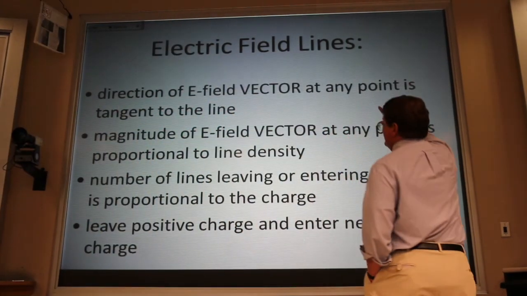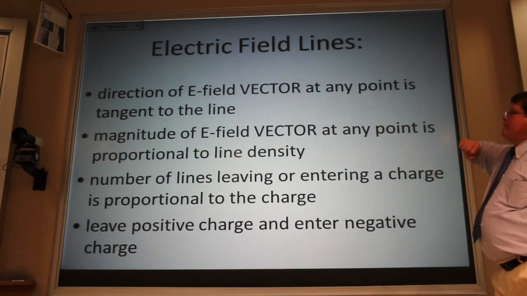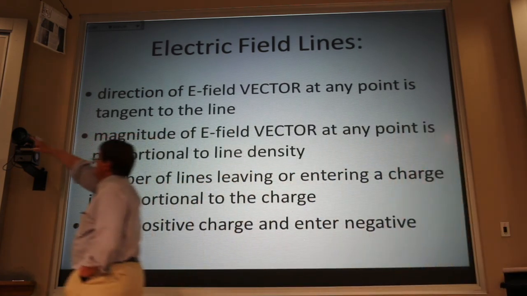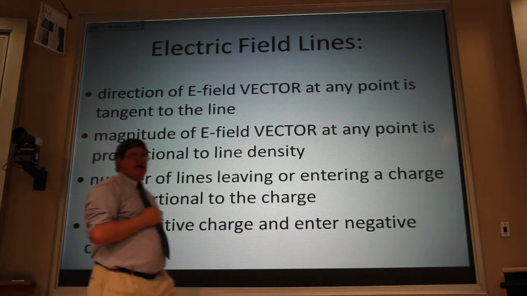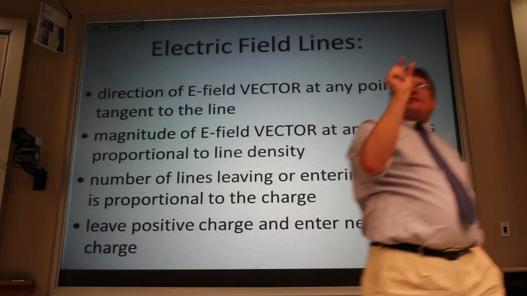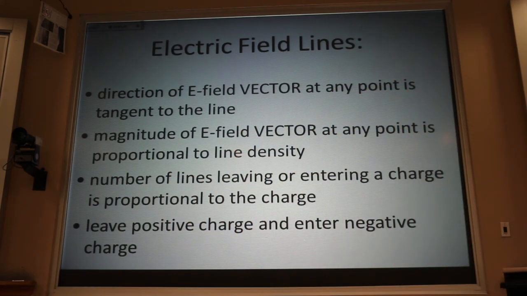This is a summary here. The direction of the E field vector, that's this thing here, is always tangent to the field line. The magnitude of the E field vector at any point depends on how close the lines are together, the density of field lines. When they're scrunched up together, that's stinky. That's a big field. When they're spread out, a weak field.